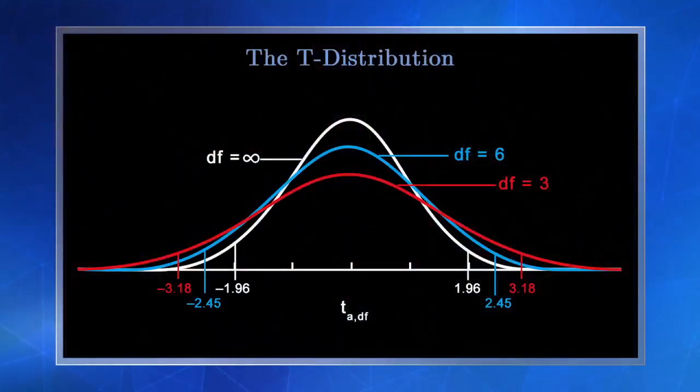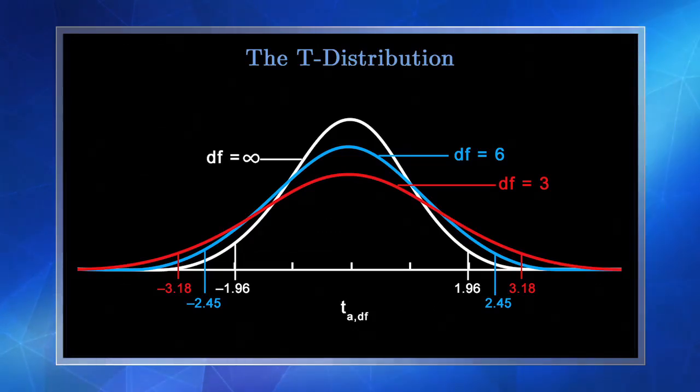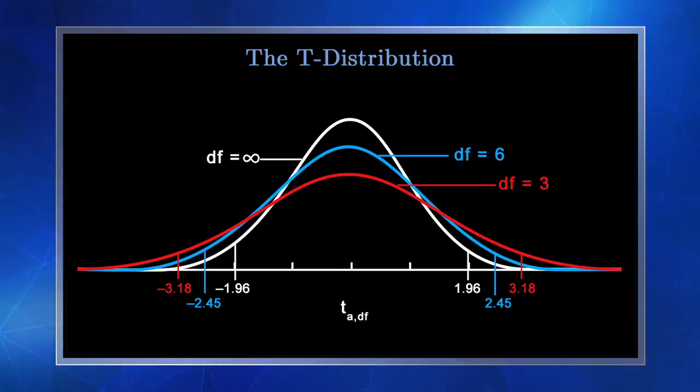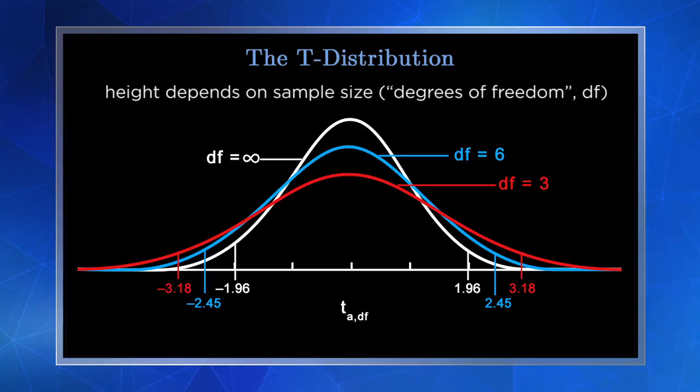And so in this case, we actually have to bring a new family of distributions to the table, the t distribution. Notice in this graph, we compare the t distribution to a standard normal. You'll see a couple of things that are really familiar. The t distribution is bell-shaped. The height of it depends on the sample size, and this is called our degrees of freedom.